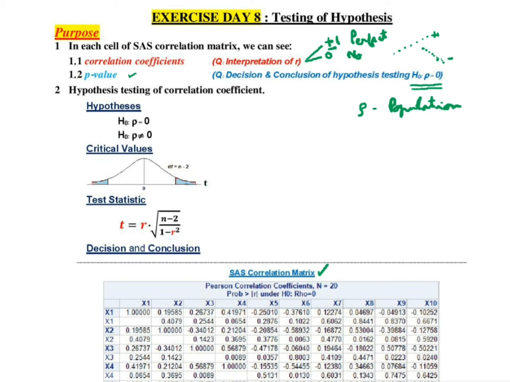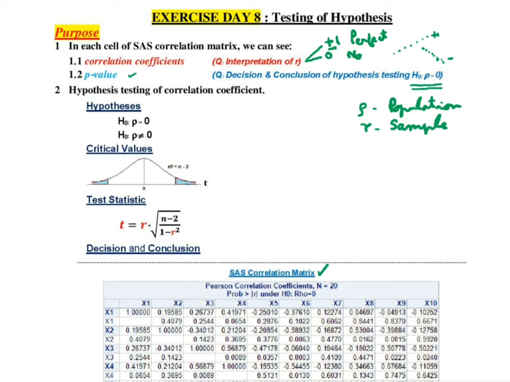But we don't know all data of the population, therefore we take a sample and we compute the value only from the data. Therefore, this is the value coming from the sample data. We denote it by R. We know the value of R. We don't know the value of rho.